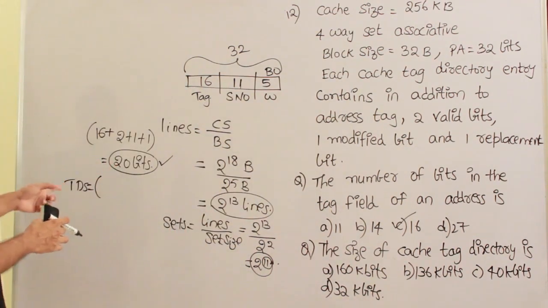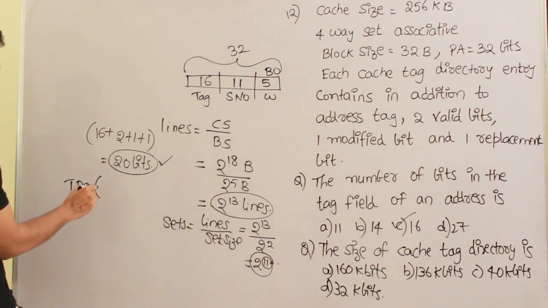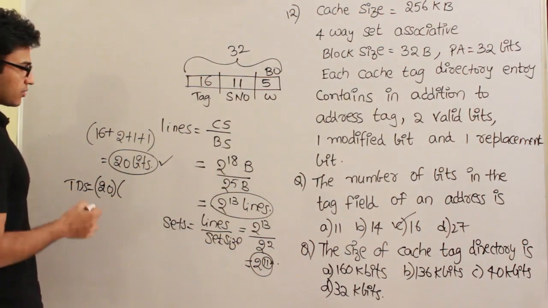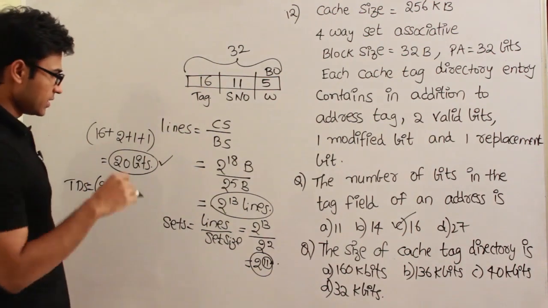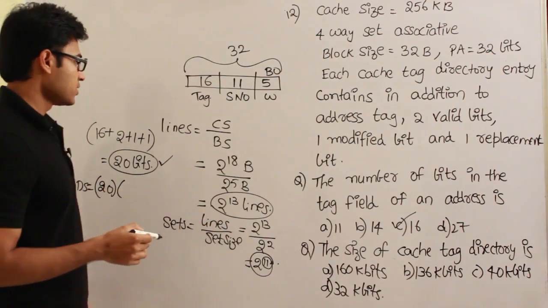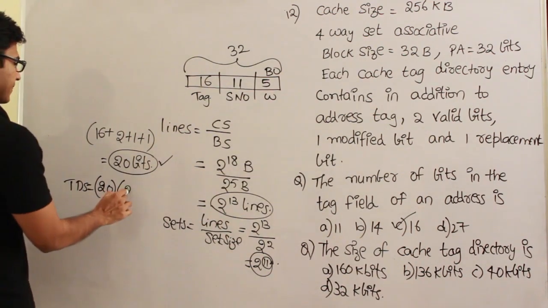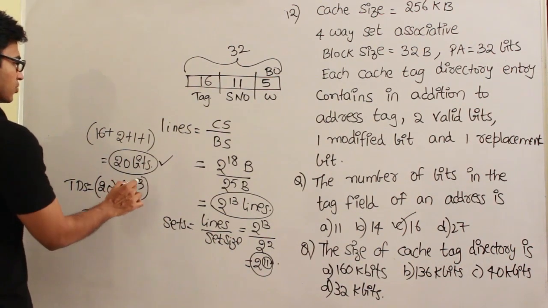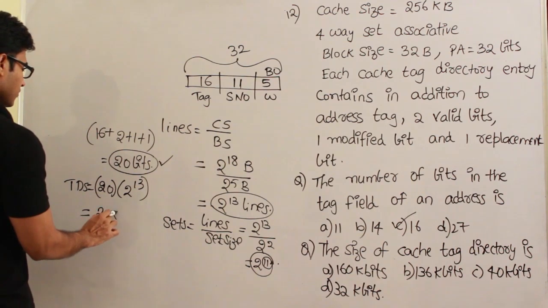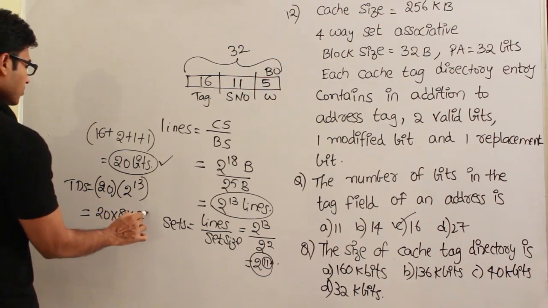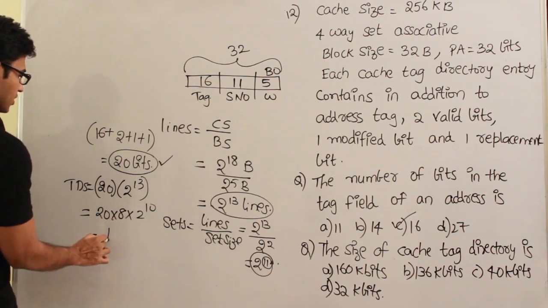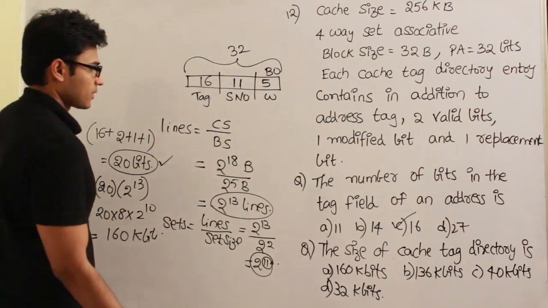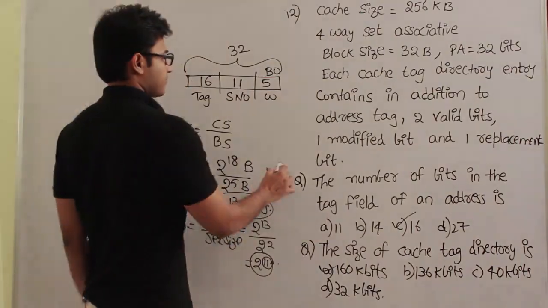Here also tag directory size is equal to number of bits per entry, which is 20, into the number of lines, which is 2 power 13. You can write 2 power 3 as 8. So 20 into 8 into 2 power 10 equals 160 kilobits. This is the answer.